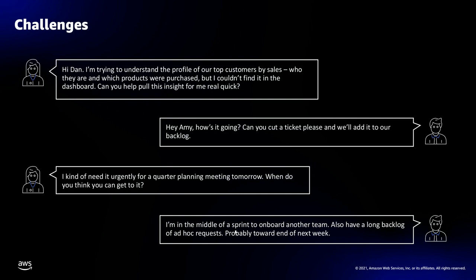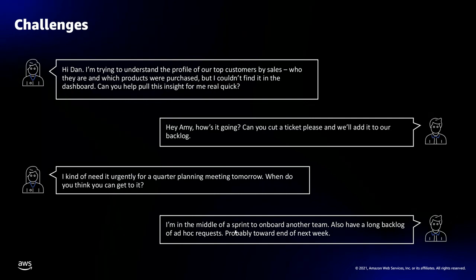And quite honestly, because I've been on a project this week, the queue has just been backing up. So it's probably going to be at the end of next week. So Ann's going to get her information about who the top customers are, what products are being purchased, and how that relates to her particular vertical 7, 8, 9 days later.